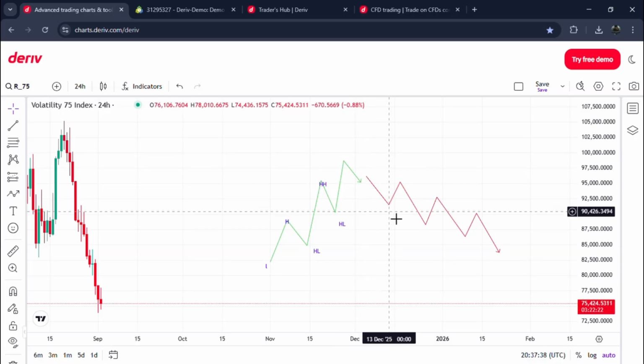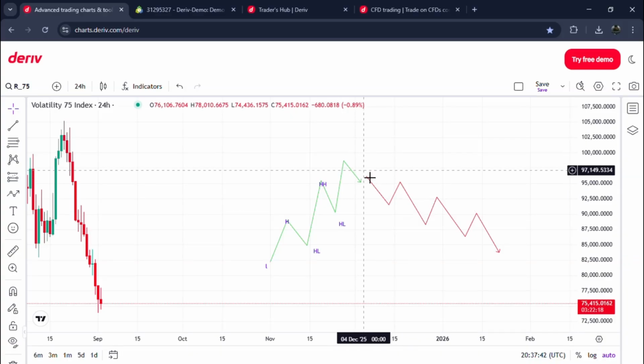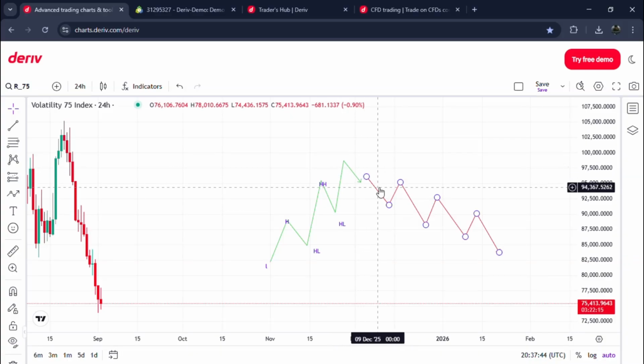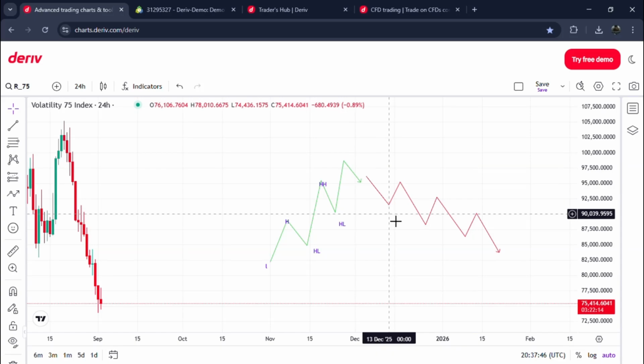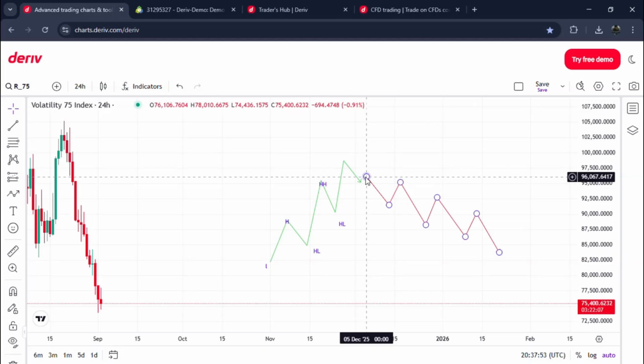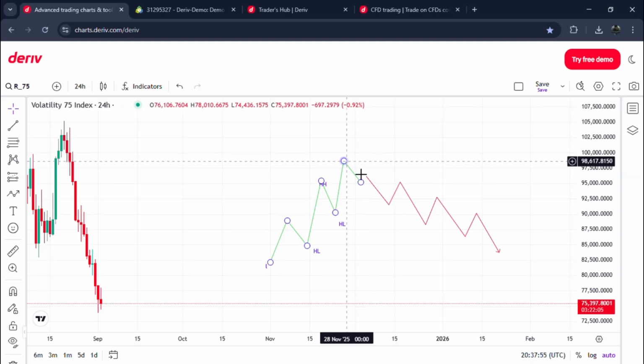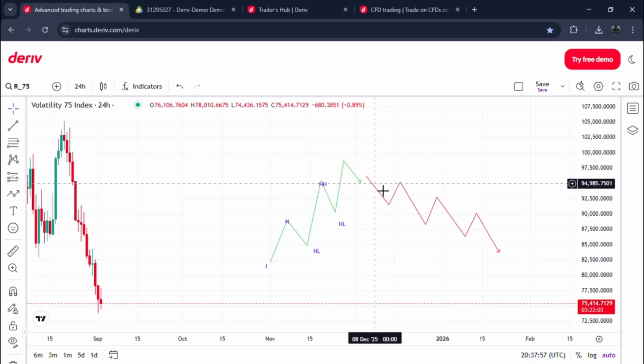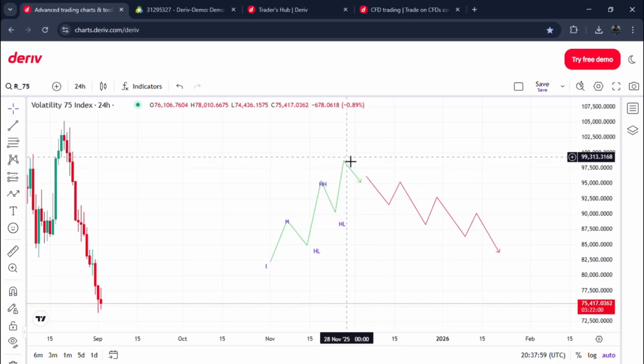This one I've said is a low, and this one will be a lower low, lower high, since it's lower than this low. But bear in mind, if it's a continuation of here, meaning this one will become a previous high and then become a lower high. So this is how you label them.